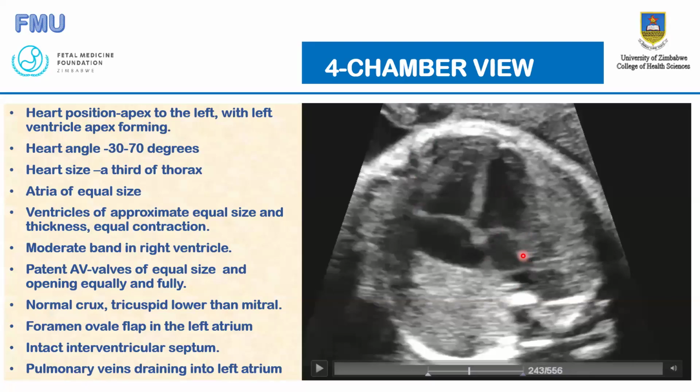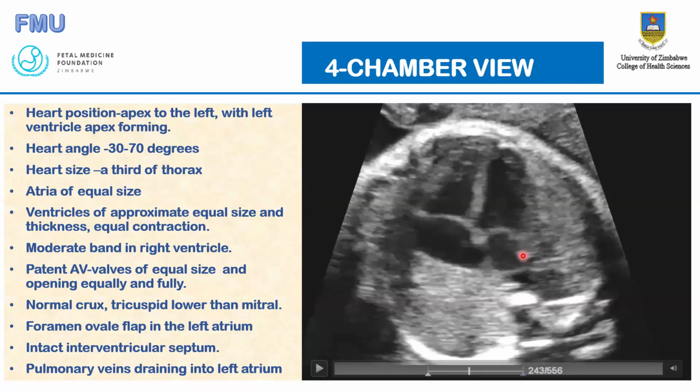After obtaining the 4-chamber view, you now need to be systematic in your examination of it. Why should you be systematic? If you are not systematic, you may miss some subtle issues on the 4-chamber view.